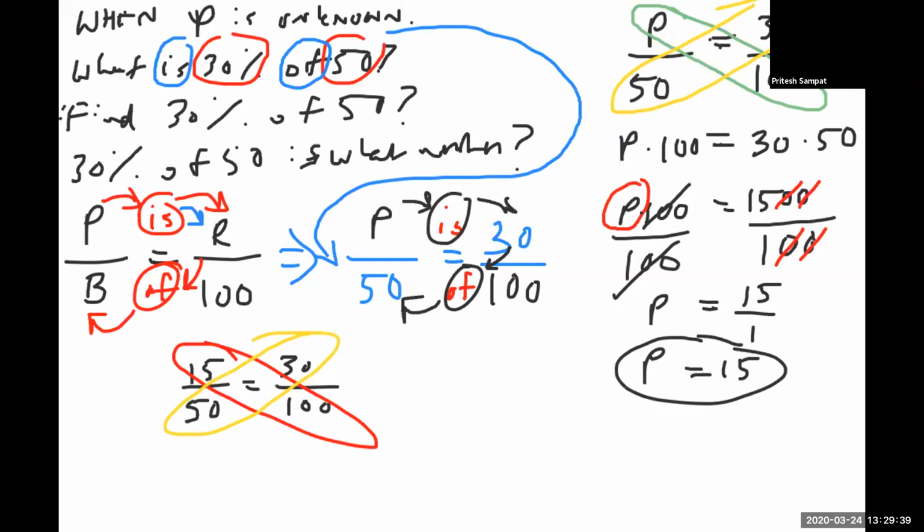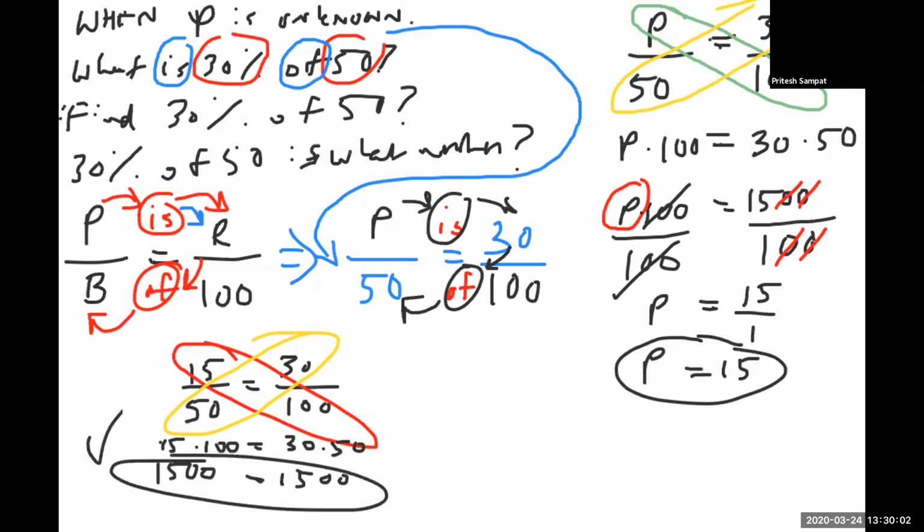So in the proportion problem, your left side and right side should be equal to each other. They're just scaled up. And so I have 1500, if I multiply 15 times 100, I have 30 times 50, and that's also 1500. So it's equal, checks off.